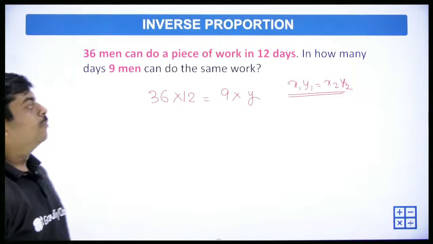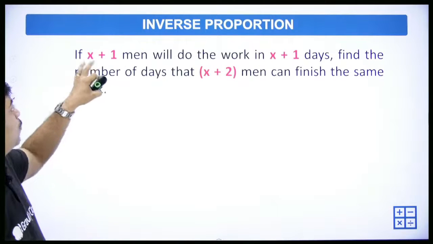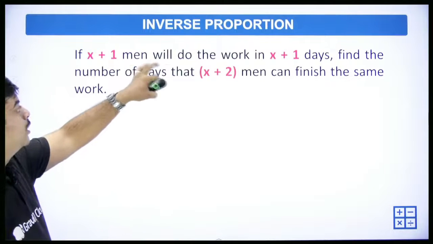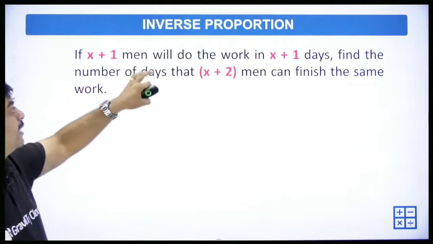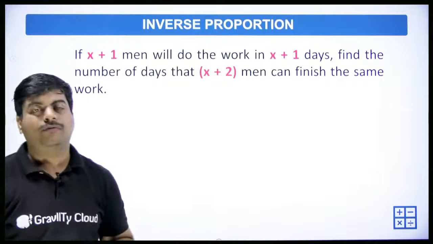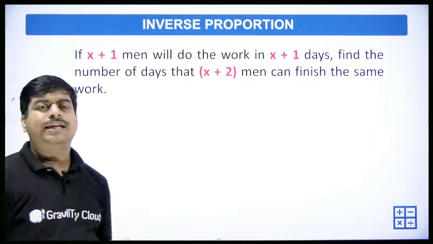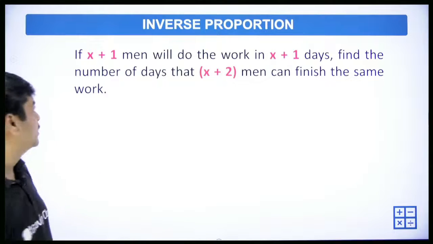Right, so moving forward, if x plus 1 men will do the work in x plus 1 days, find the number of days that x plus 2 men can finish the same work. It's a very beautiful question. Same question, but without the values, it was given in terms of x.